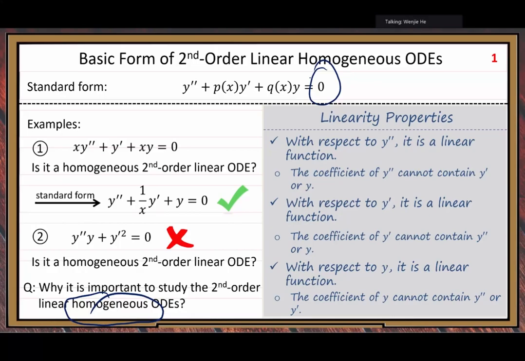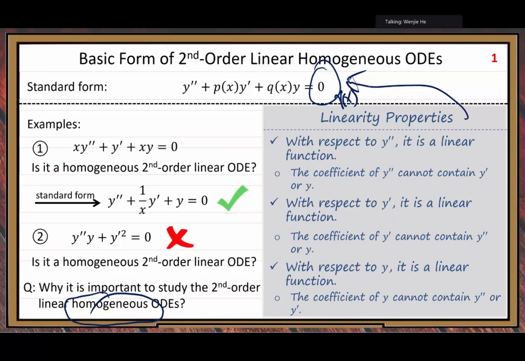The answer is very simple, because this type of ODE satisfies the linearity property. If non-homogeneous, if you have a non-zero R function at the right-hand side, then you do not have the linearity property. The next slide gives you a simple example about this question.